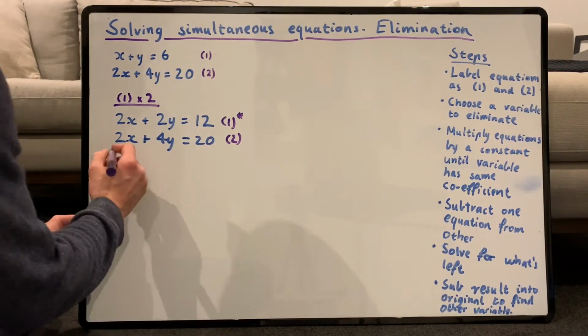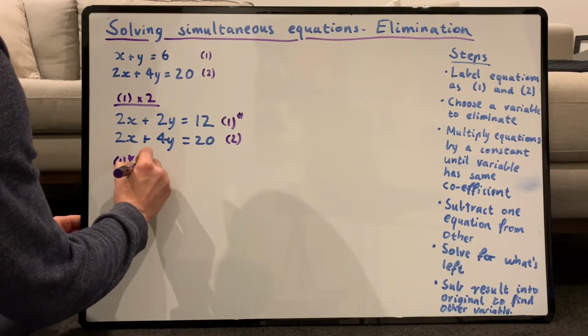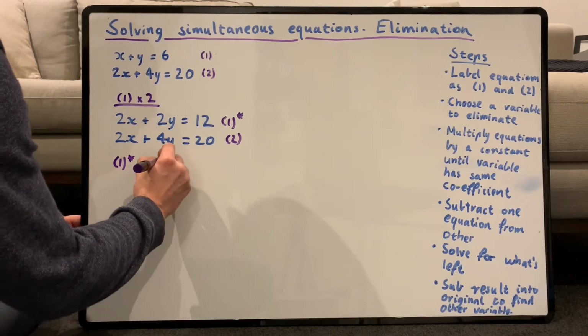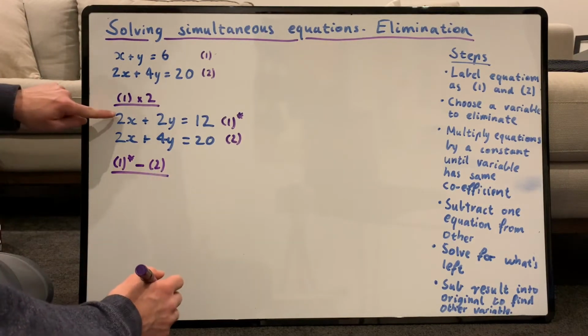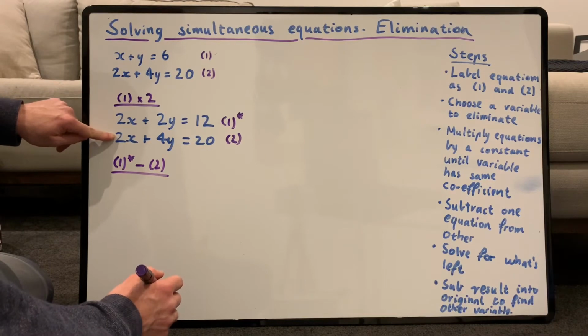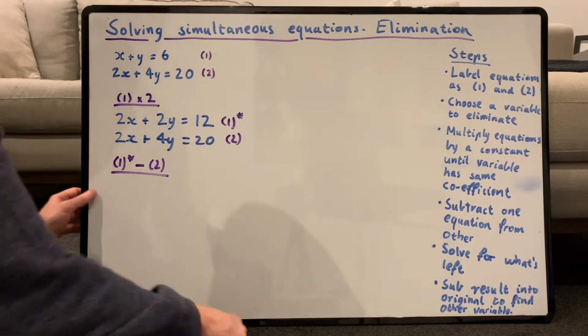Okay? So I'm just going to write 1 star minus 2. All right. And then we've got 2x minus 2x is 0. That variable has been eliminated. All right.